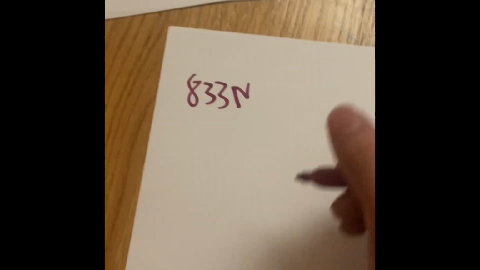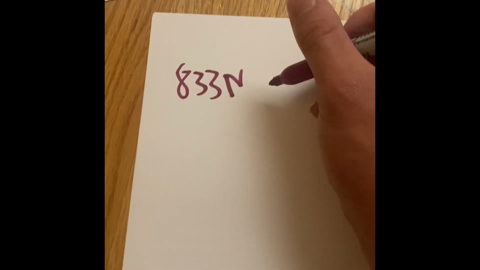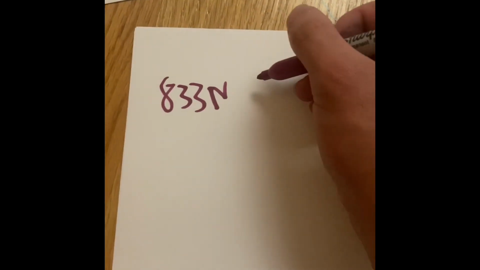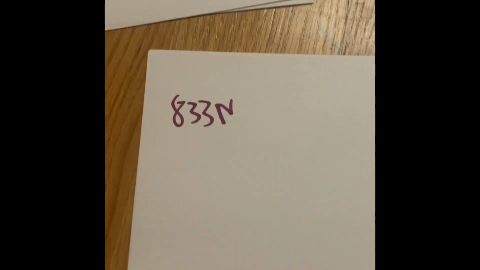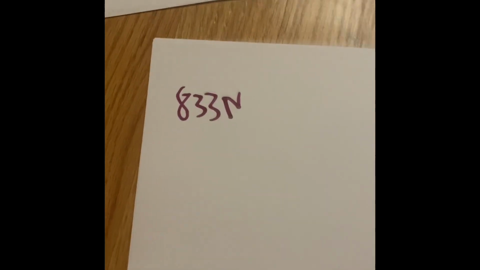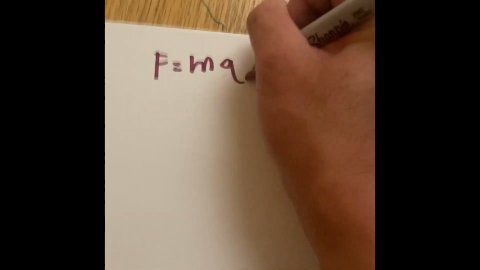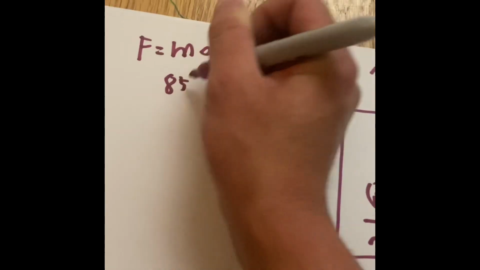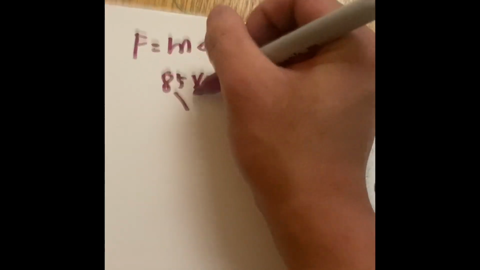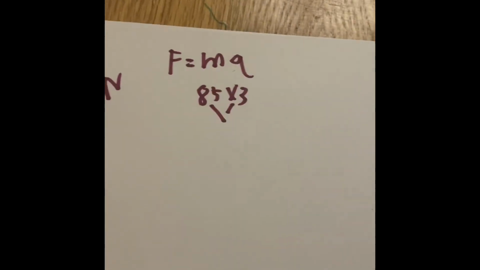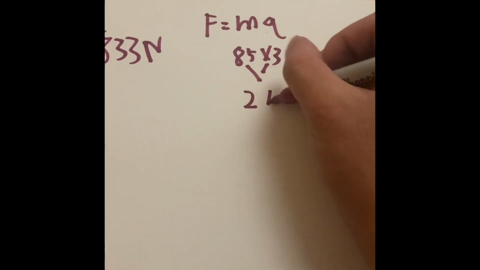What we have to do is try to add that 833 newtons to the man's acceleration with the elevator. So F equals m times a. That's going to be 85 times 3, which is going to be 255.